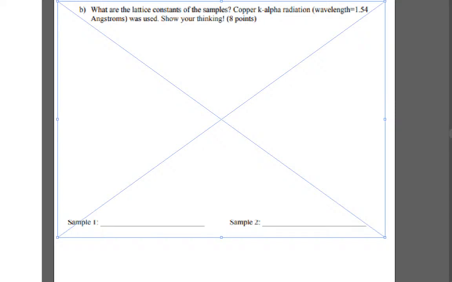Actually, for the lattice constant, wait, you have the wavelength, which you can use. Oh yeah, sure, it's possible. Watch.